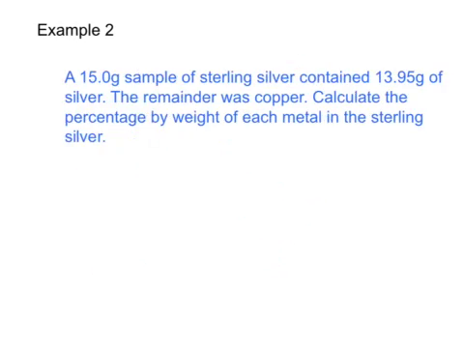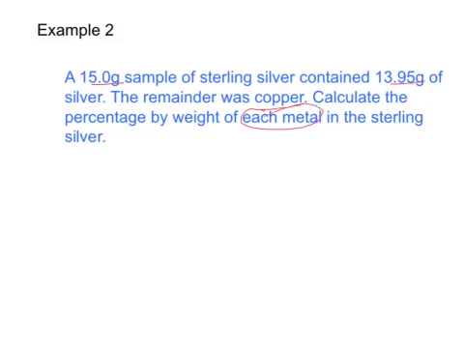If we move on, this second example asks us to have a look at a 15 gram sample of sterling silver, which contains 13.95 grams of silver. The remainder was copper. Calculate the percentage by weight of each metal in the sterling silver. So this time it's asking us to look at both components.